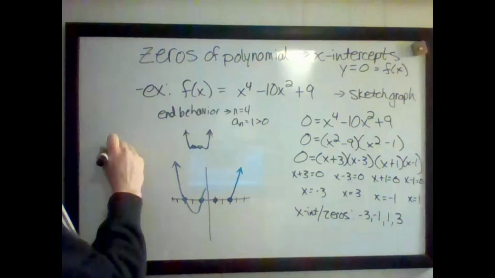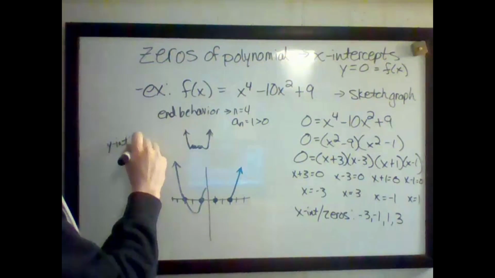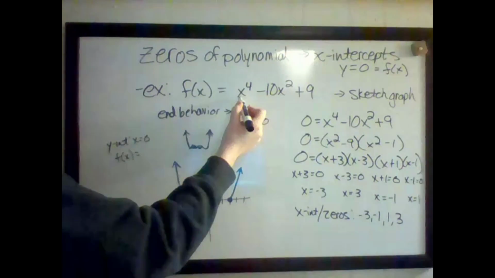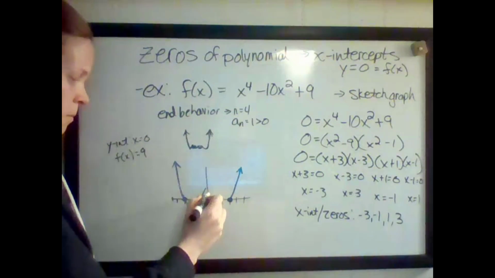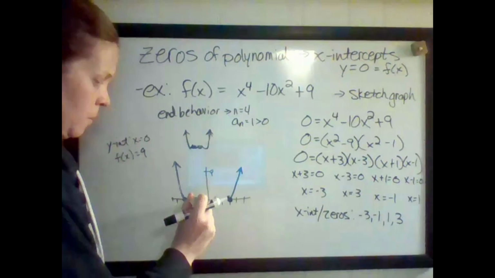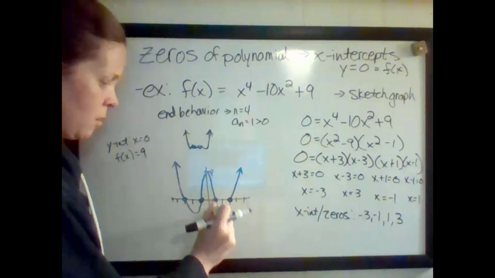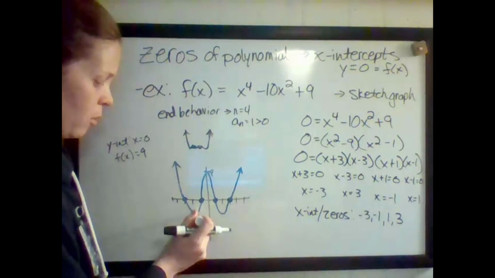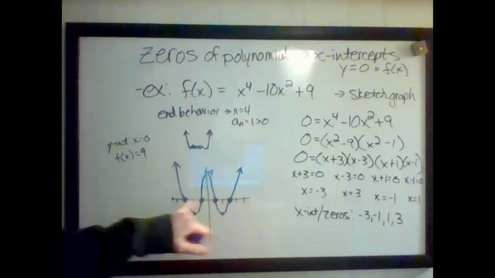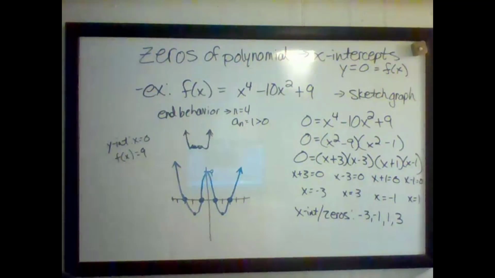Let's do that over the side. Y-intercept would be when x is 0. So that would be when 0 here, I get 9. So it's actually going to go all the way up to 9. Back down, down, up. Now to figure out these little points in between, I could plug in 2 and negative 2 to get it a little more accurate, but this is good for now.